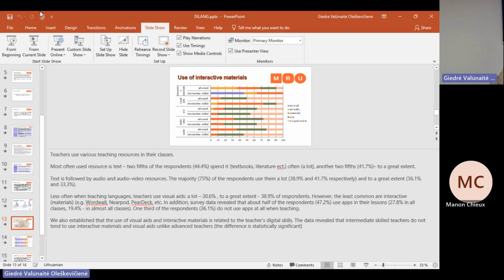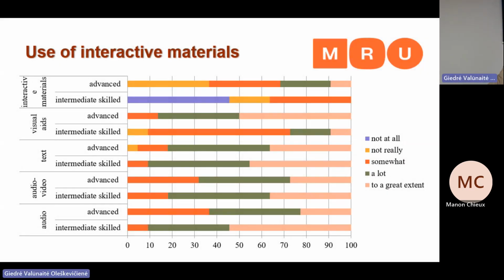Also, a very interesting finding is this one, which compares teachers with intermediate digital skills and advanced digital skills in teaching languages in the classroom, and the use of different interactive materials, digital materials that contain audio, video, text, visual aids, or interactive tasks.